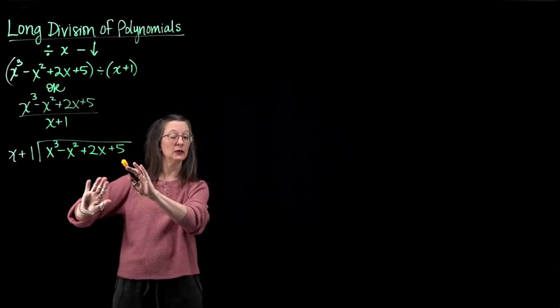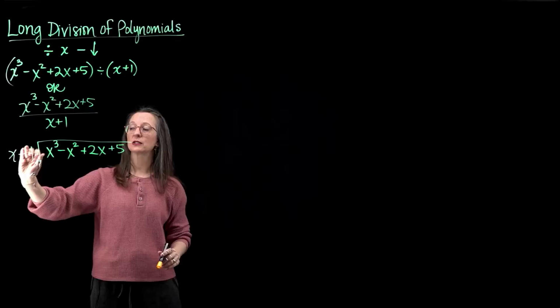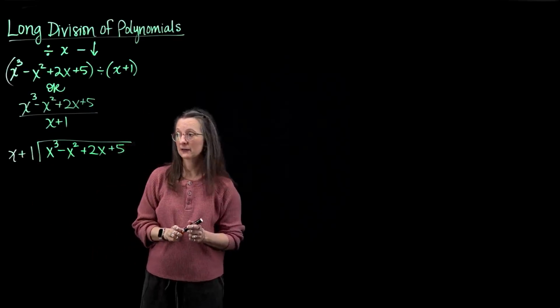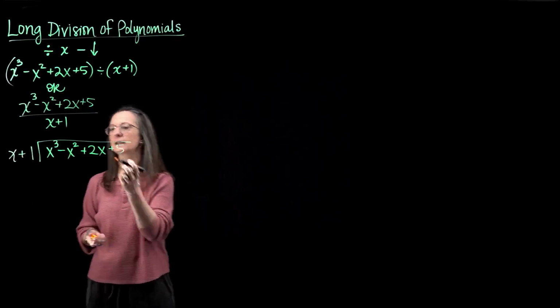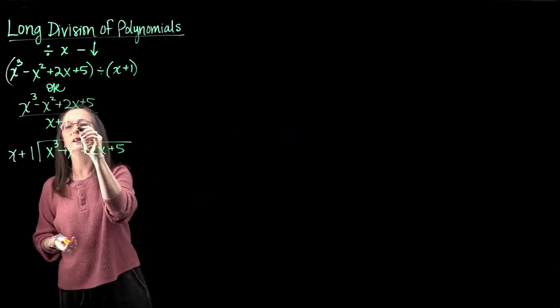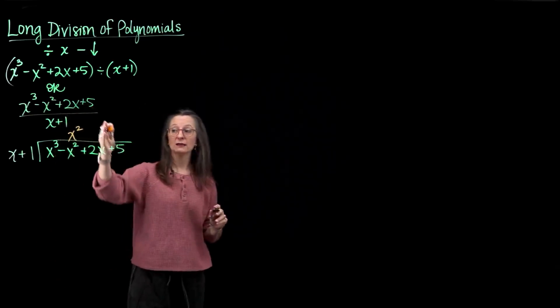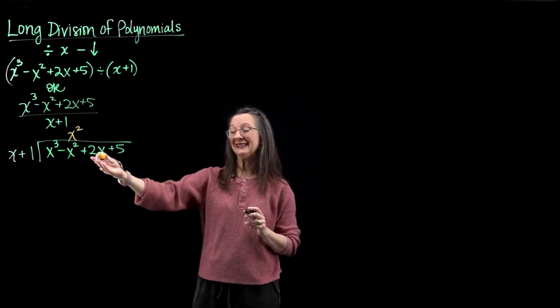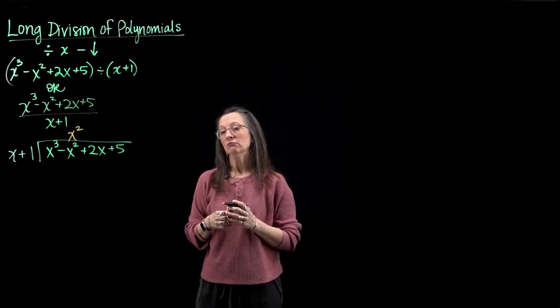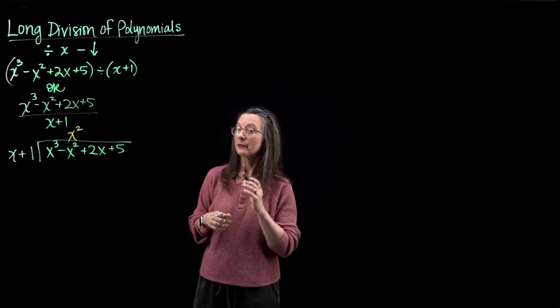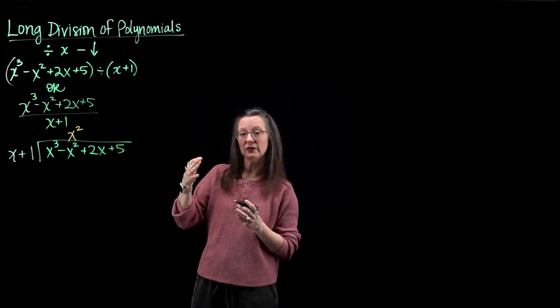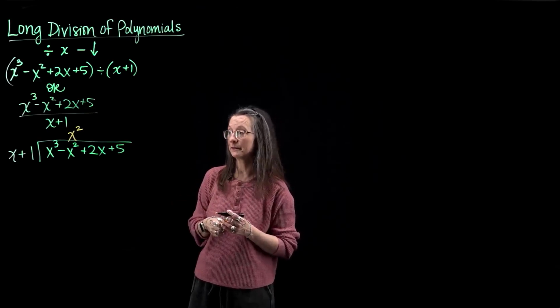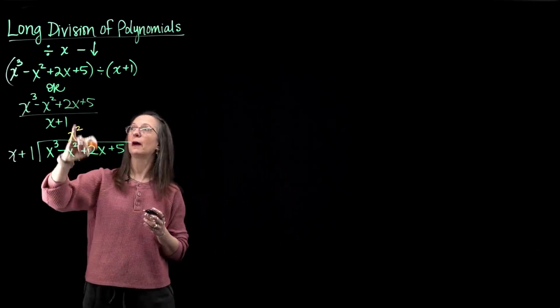We're not going to worry about any of those other things, just the x cubed divided by x. Well, x cubed divided by x gives me x squared. And I like to line them up with the x squared term in the dividend here. I think you'll see why later, but it helps me keep track of them and know that I didn't forget a term. All right, we did the division part.